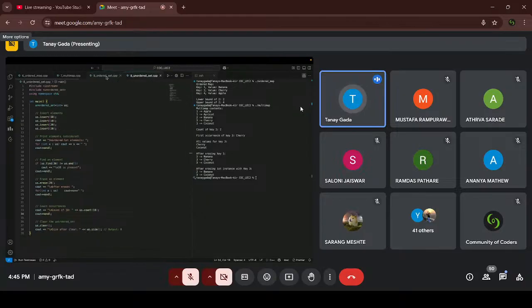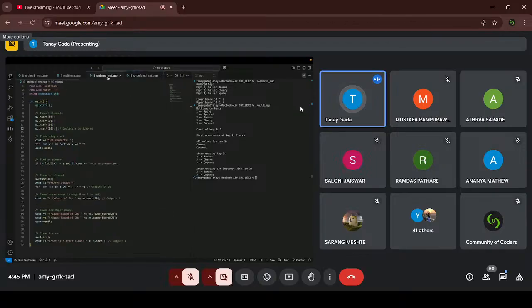And we have unordered set where we have unique elements, but they are not sorted, and the time complexity of accessing, updating, inserting, and deleting, these 4 operations, is O of 1 on average, but in the worst case, it is O of n. So the functions for traversing, insertion, and deletion are the same as map. We can just glance through it quickly.